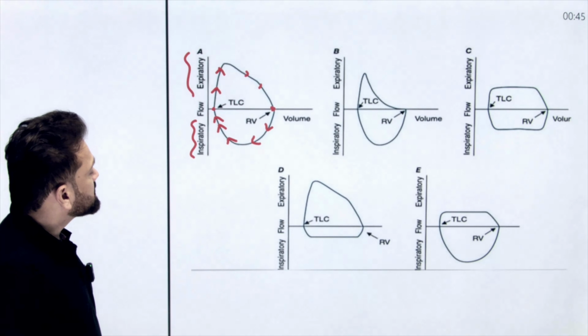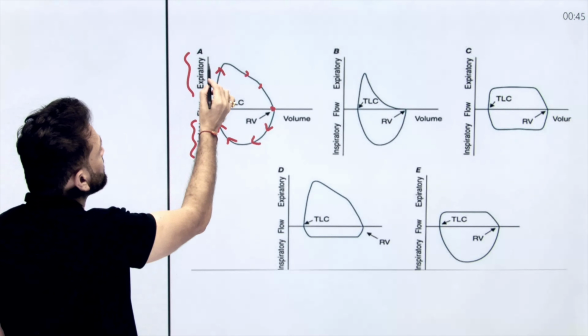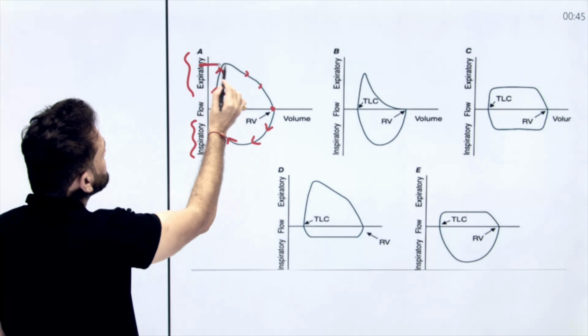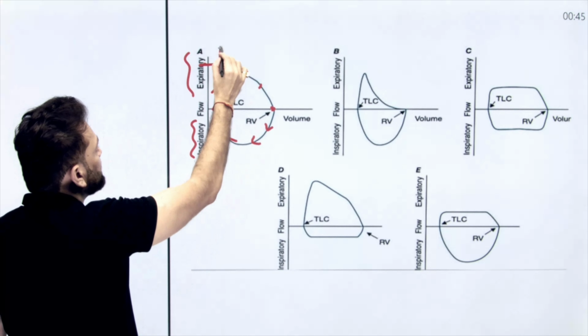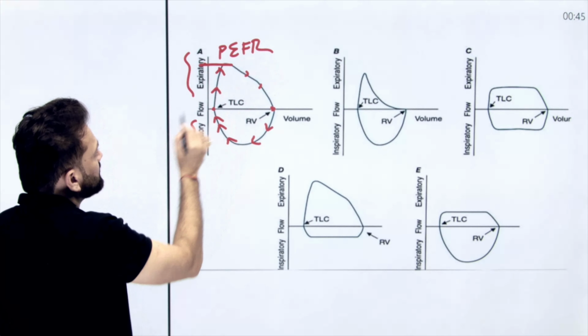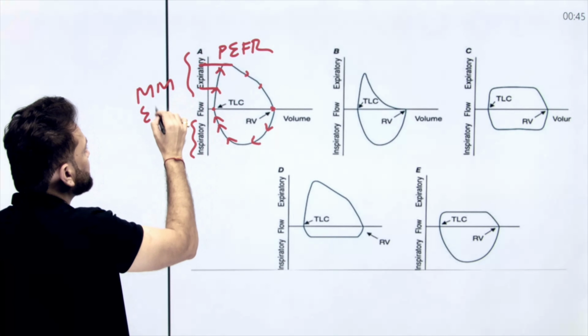So this is actually called the flow volume loop curve. On the x-axis you can see the volume, on the y-axis the maximum flow is called peak expiratory flow rate, and this is the mid one, called maximum mid expiratory flow rate.